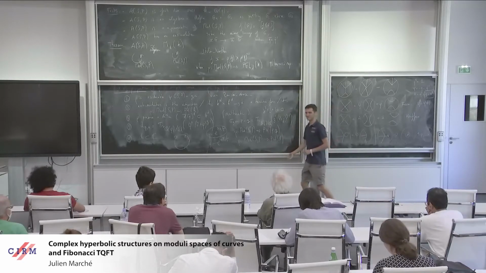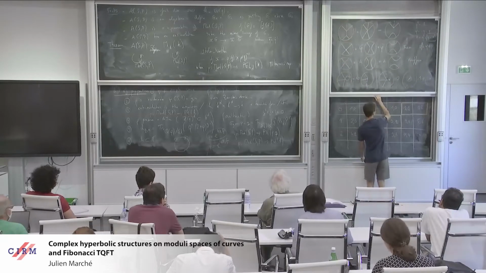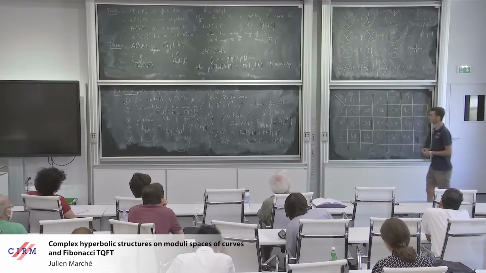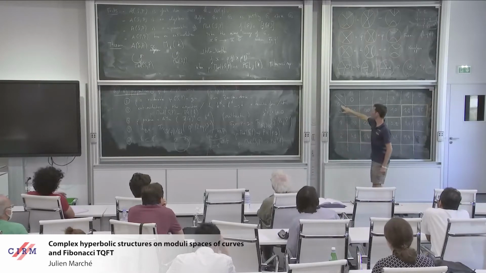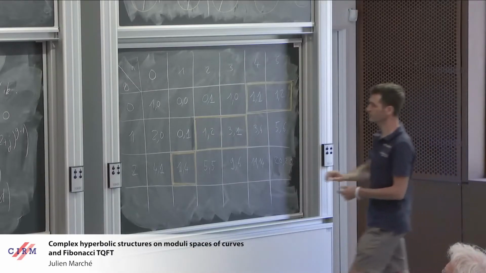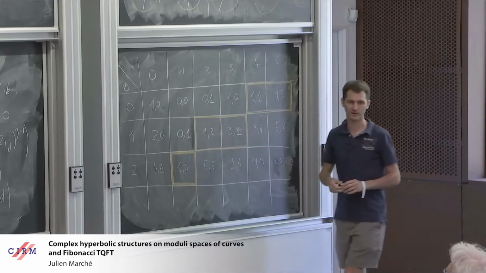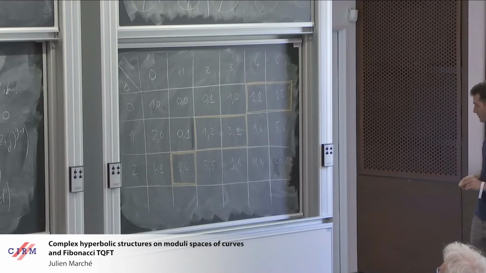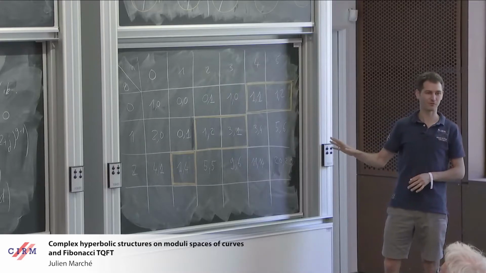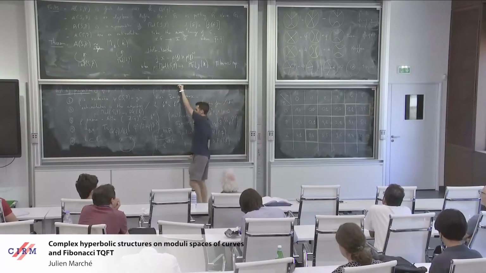So it's strange, but I've written here a table. So here is a table for p and q. So here is g and n, so you can look at it. For any values of g and n, I wrote you p and q, so the signature of the Hermitian form. And you see that there are a lot of Fibonacci sequences everywhere, but it takes some time to find them.